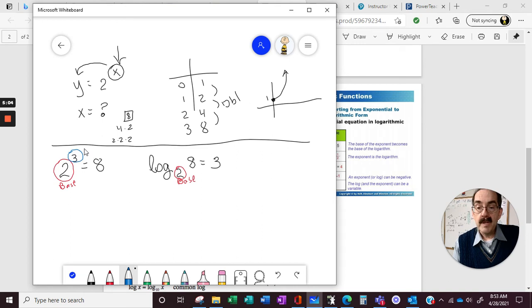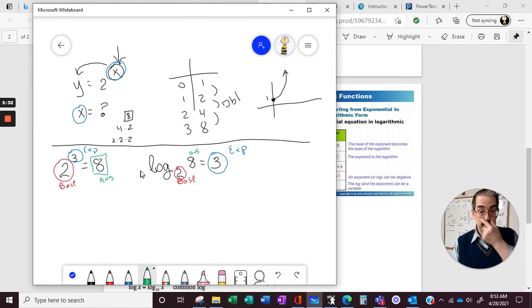The exponent is 3. This was our goal, to solve for x. And then the answer, the solution.